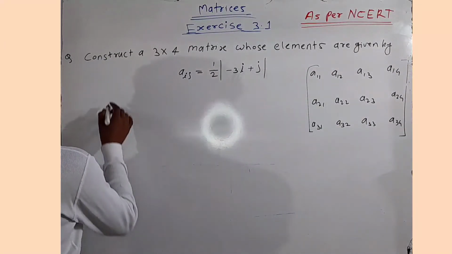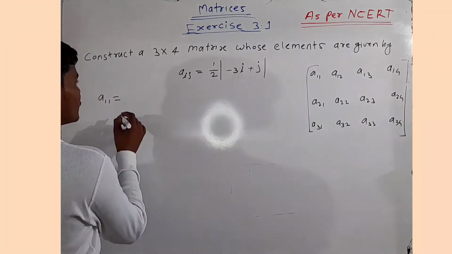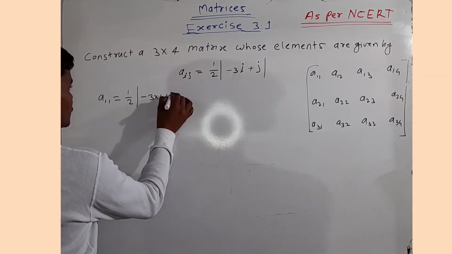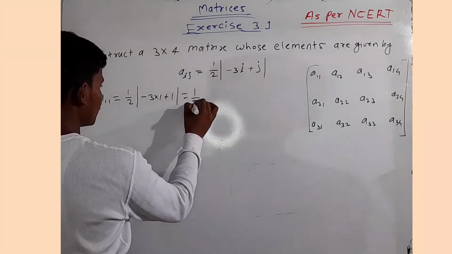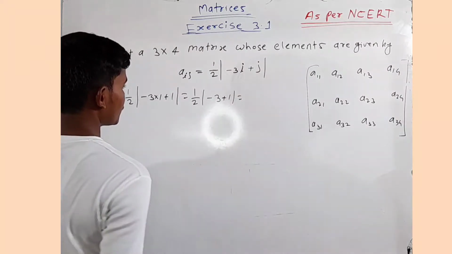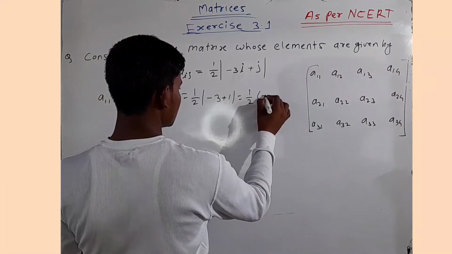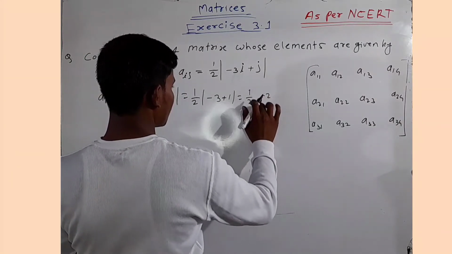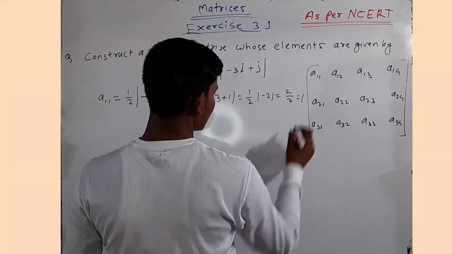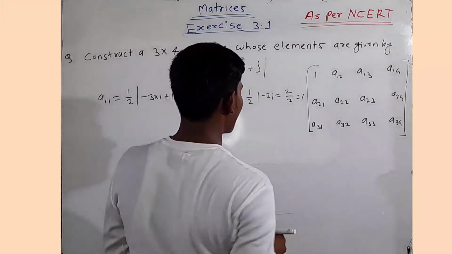So the first, A11, here i is 1 and j is also 1. So 1 by 2 mod of (minus 3 into 1 plus 1), which is equals 1 by 2 mod of (minus 3 plus 1), equals 1 by 2 into mod minus 2, which is 2 by 2 equals 1. The value of A11 is 1.